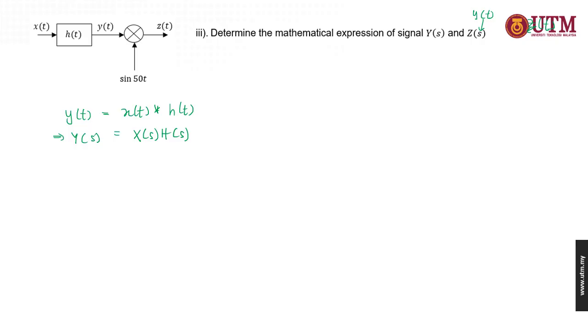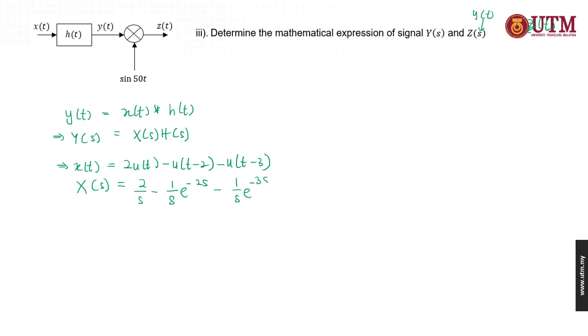So what is your X(s)? X(s) is from question 1. Your x(t) from question 1 equals 2u(t) minus u(t minus 2) minus u(t minus 3). So X(s) equals 2 over s minus 1 over s e to the minus 2s minus 1 over s e to the minus 3s. And what is your H(s)?